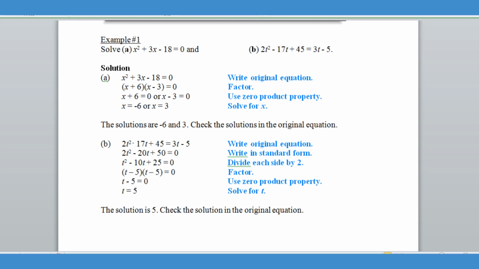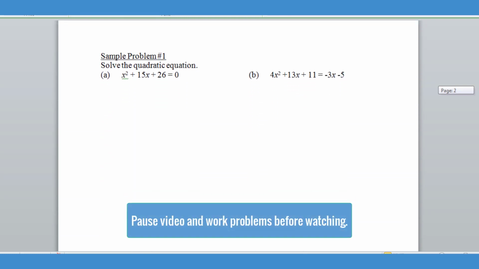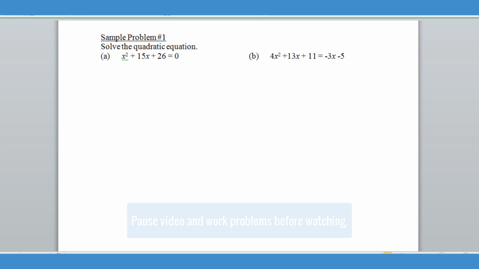Then we can do the simple factoring, and we're dealing with a perfect square trinomial here, so we only have one solution, or 1, 0. Those are some good examples of solving quadratics using factoring. Now I'm going to ask you to take a look at sample problem number 1, parts A and B, work those on your own, and then come back here to see the solutions when you're finished.